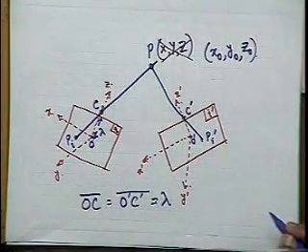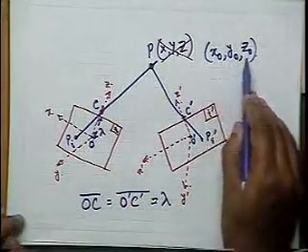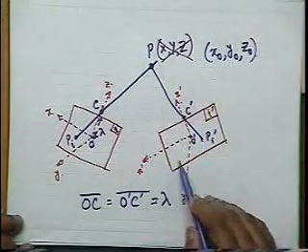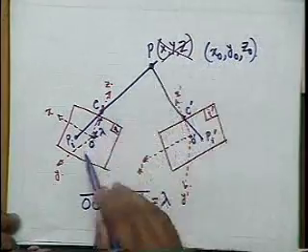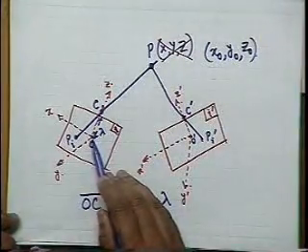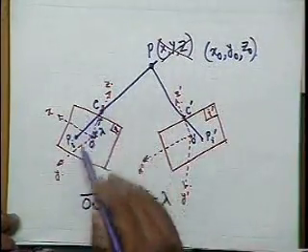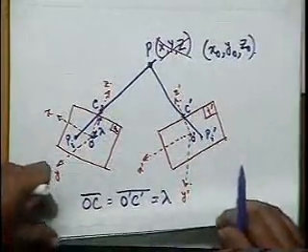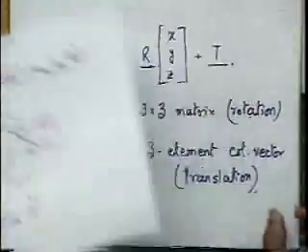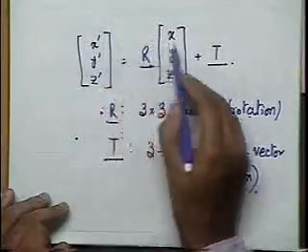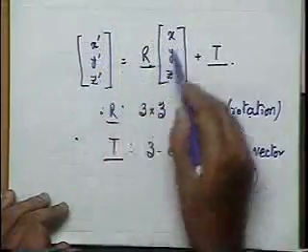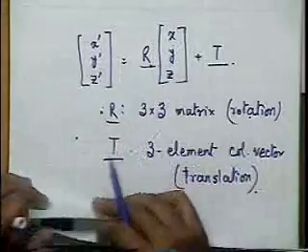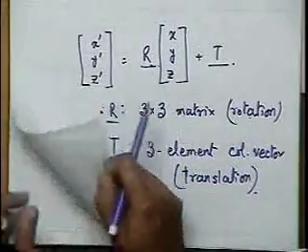All right. And x0, y0, z0 is the coordinate of the point P with respect to this coordinate system x, y, z. And I have already defined the relationship between the x prime, y prime, z prime and the x, y, z coordinate system.